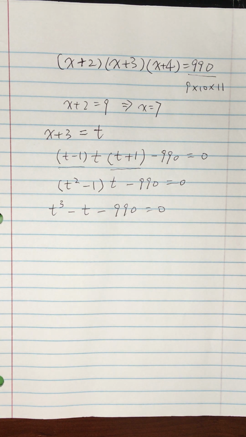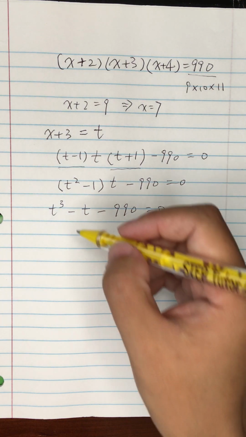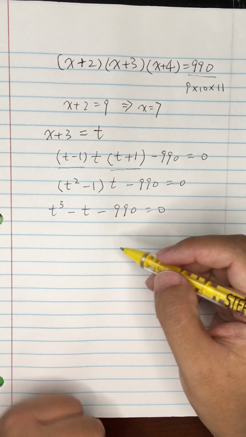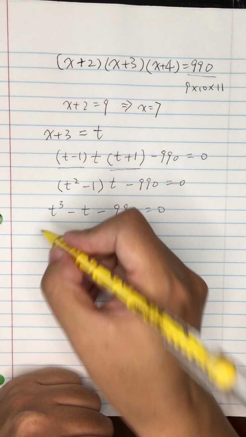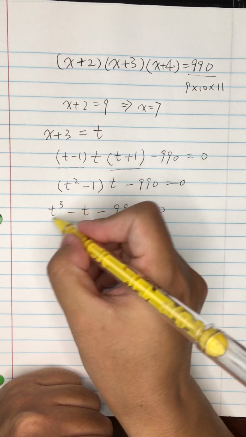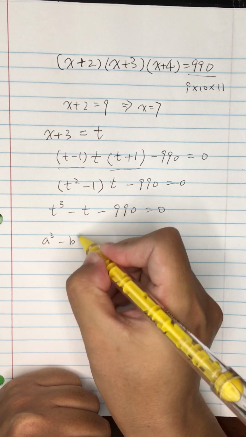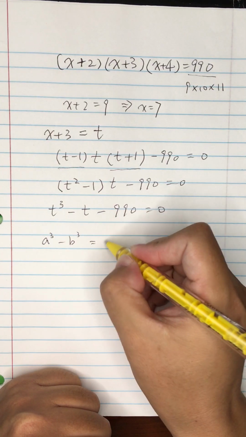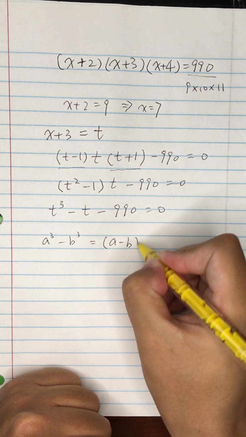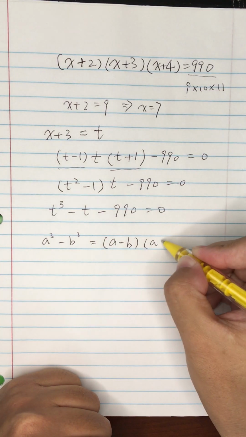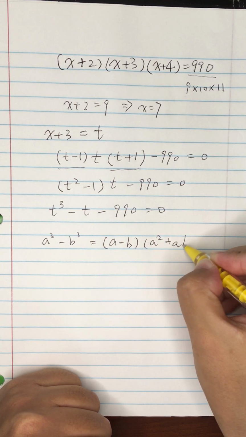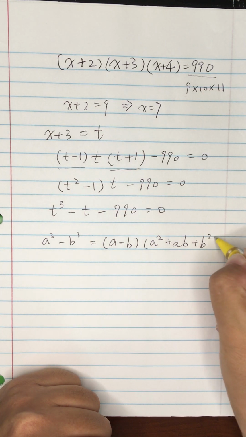One of the important factorization formulas involves third powers. For example, if you have a to the third power subtract b to the third power, you can factor it as a subtract b times a squared plus ab plus b squared, right?